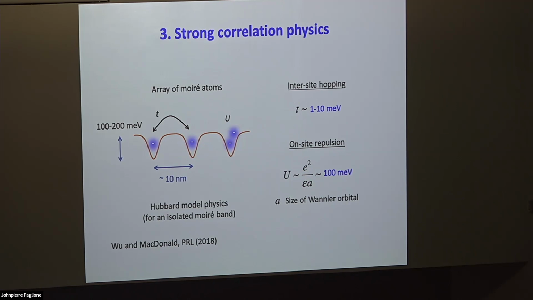Here I changed a to the Wannier function size of the localized electron wave function, and you can estimate that this is on the order of 100 milli-electron volt. So the repulsion energy is often many times the tunneling energy scale. It's in that sense that the system is strongly correlated, that the interaction energy is way stronger than the kinetic energy of the electron. I'll talk about that more.